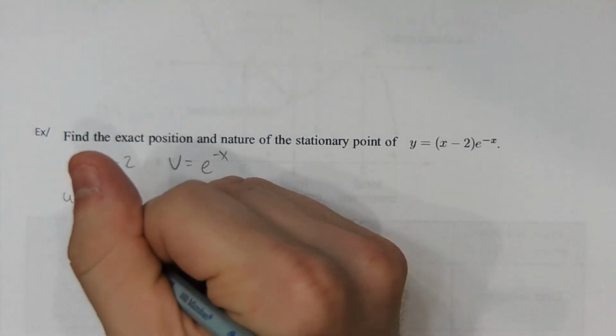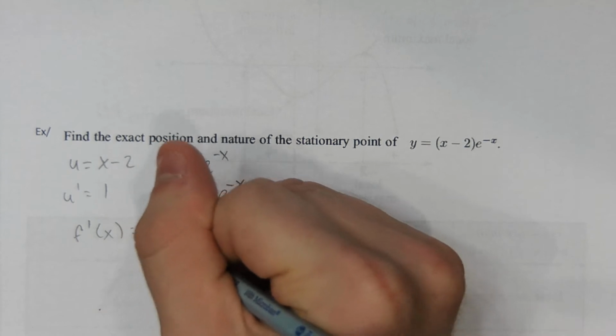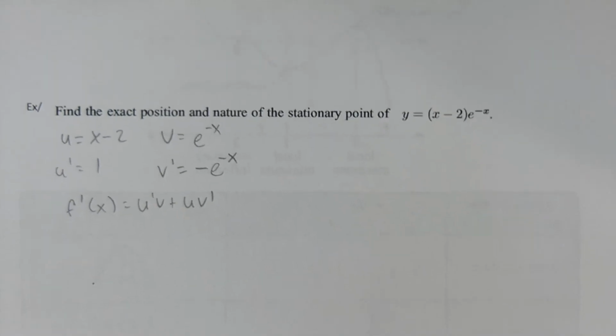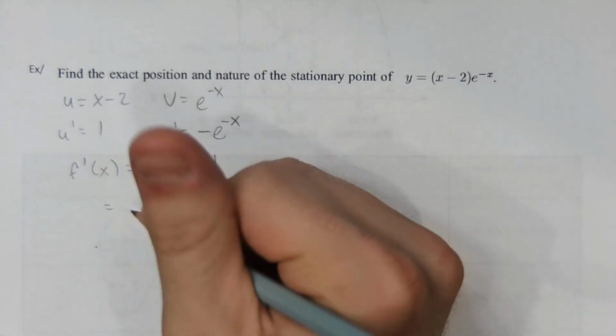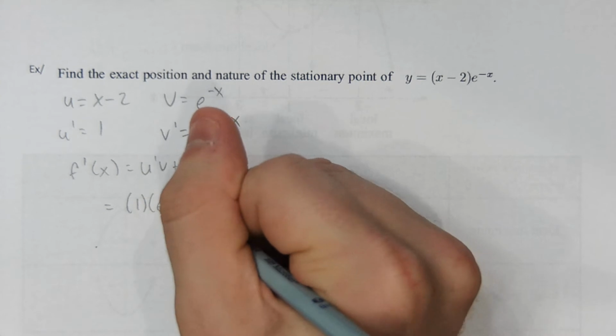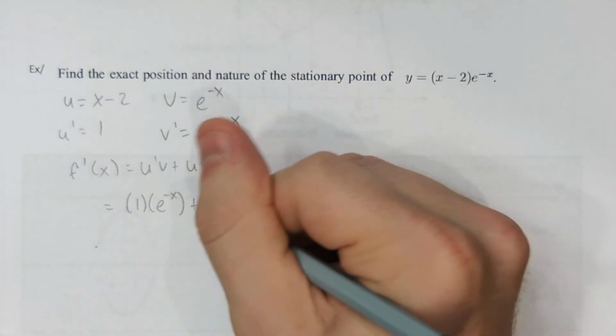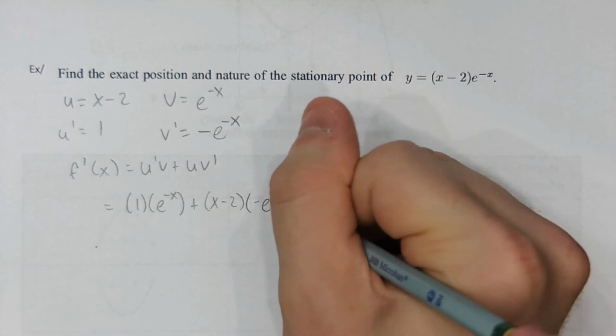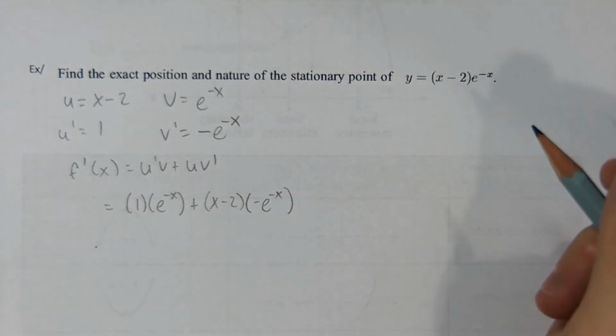F prime of x is equal to u prime v plus u v prime. I'm just going to fill it out. Gives me u prime, that one's easy, v plus u v prime. Okay.